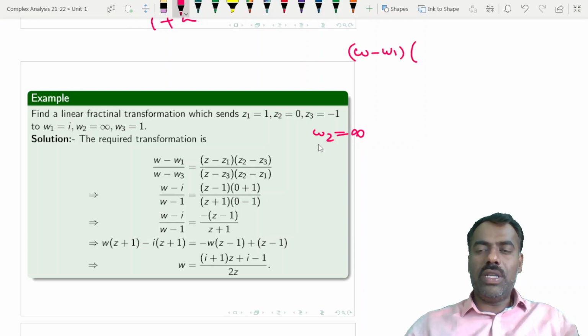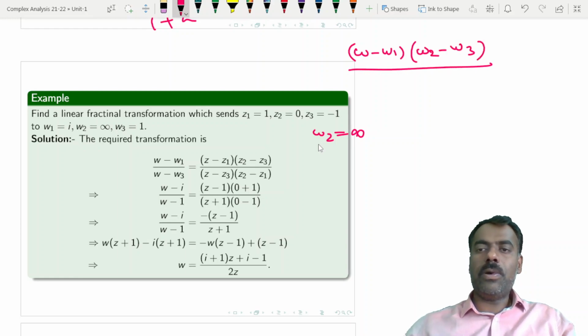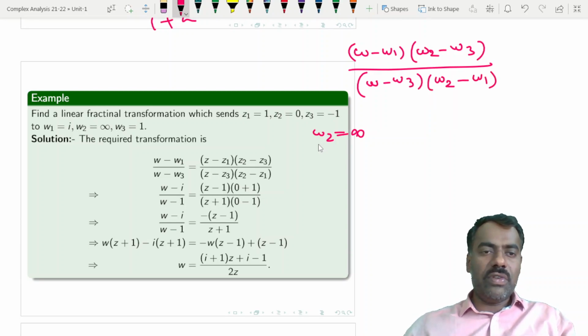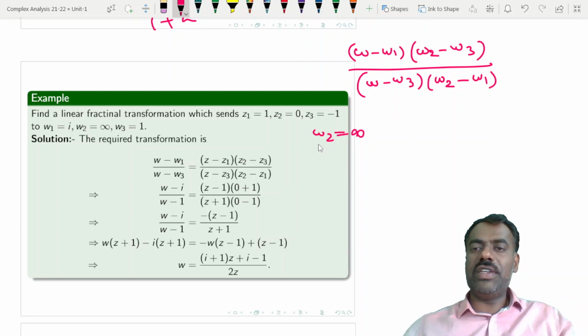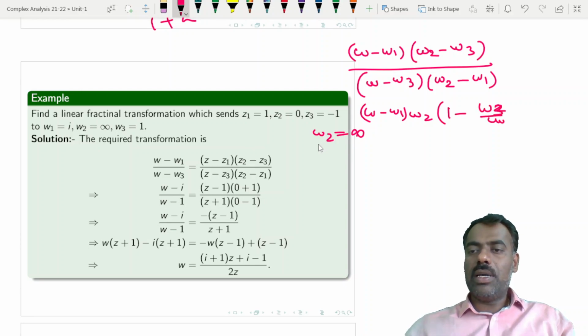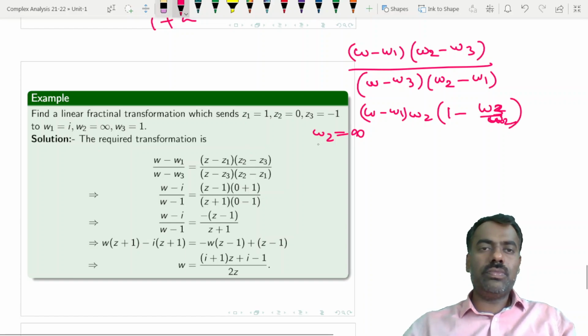Why we want to remove that: we have (w minus w1)(w2 minus w3) upon (w minus w3)(w2 minus w1). Here we know w2 is infinity, so if I take w2 common in the numerator, what we have is (w minus w1) into (1 minus w3 upon w2).